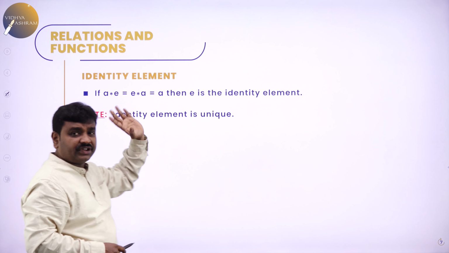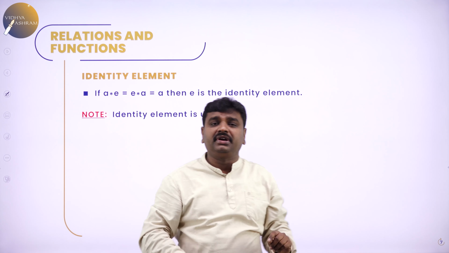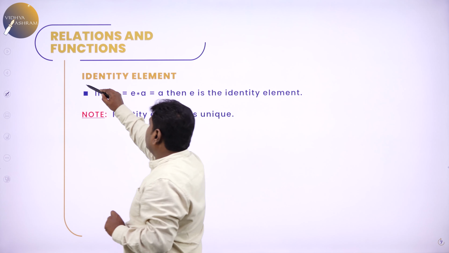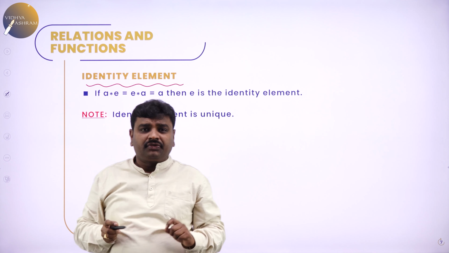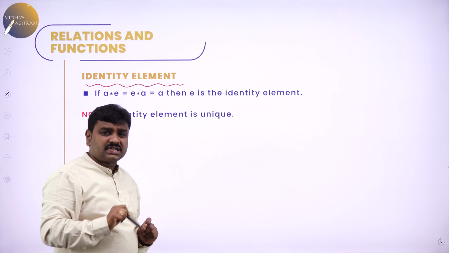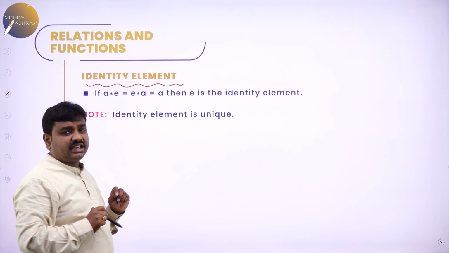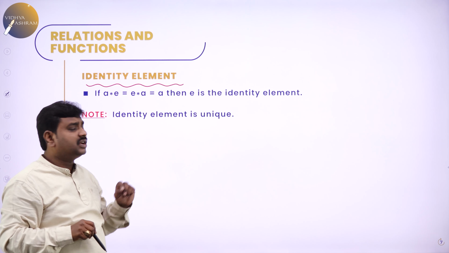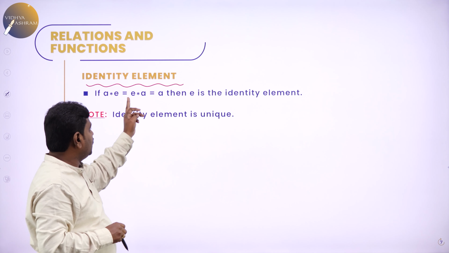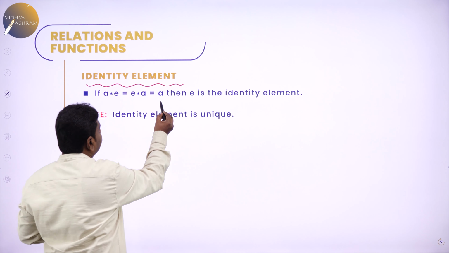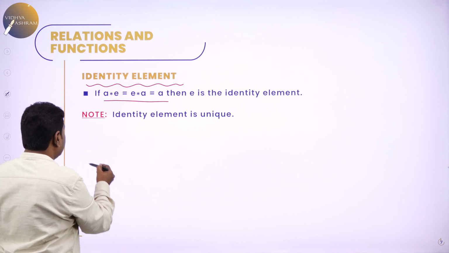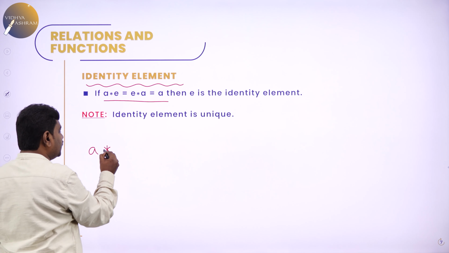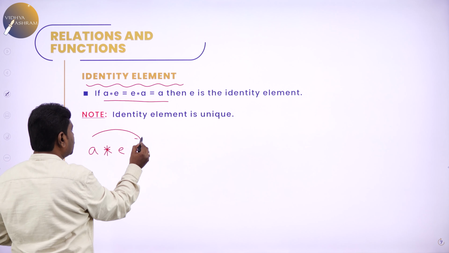Now we will go to the next concept, that is identity element. Very important. For a given operation star, E is the identity element if A operated on E or E operated on A gives you A. That means an element operated on identity should give you the element back.